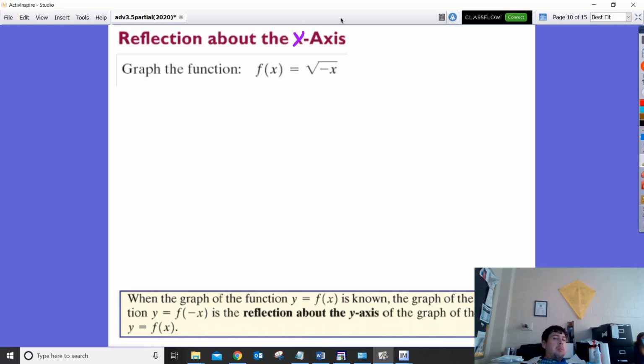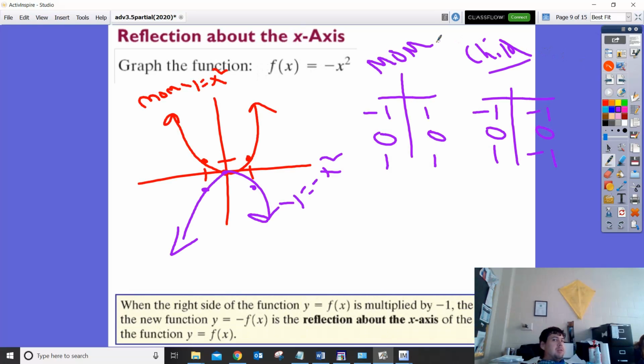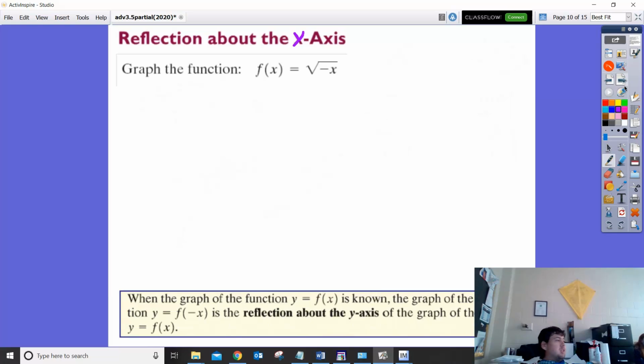If I were a kid who had never seen transformations before, I would have a hard time distinguishing why this is an x-axis reflection and why this isn't. It's about location.